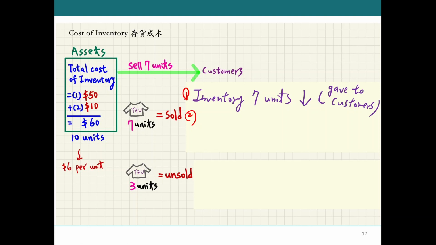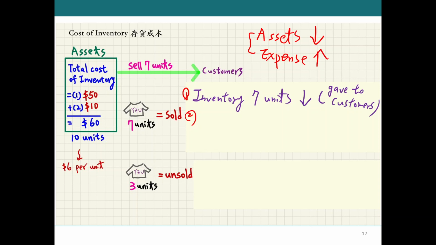What's the second effect? Chapter 3, we talk about that. Asset decrease. At the same time, what increases? Expenses, right? If you remember, assets decrease means your expenses increase.